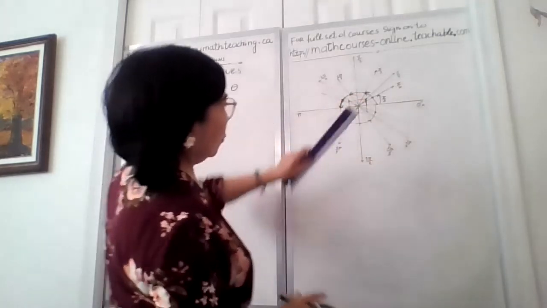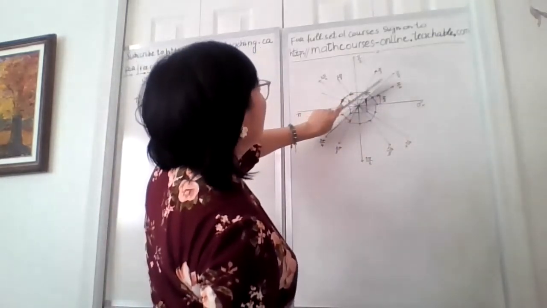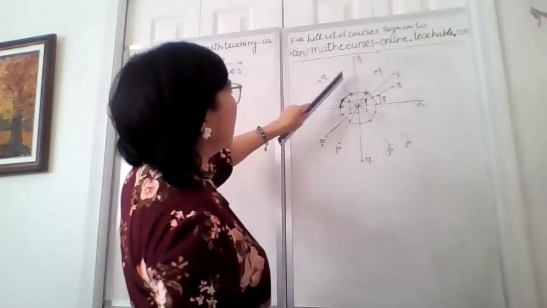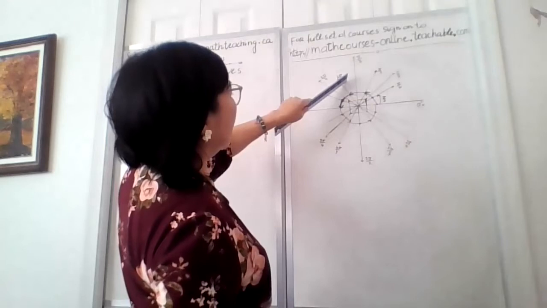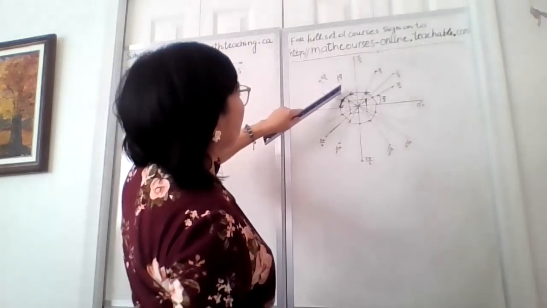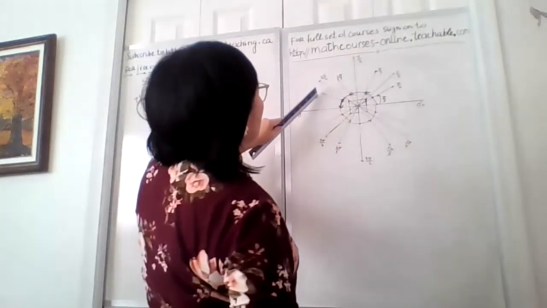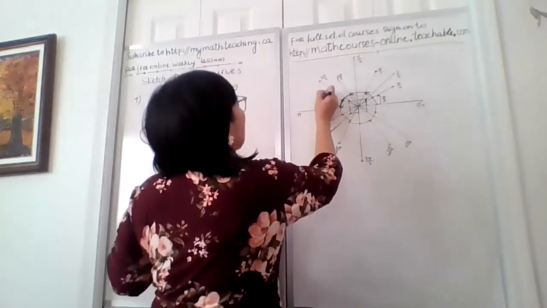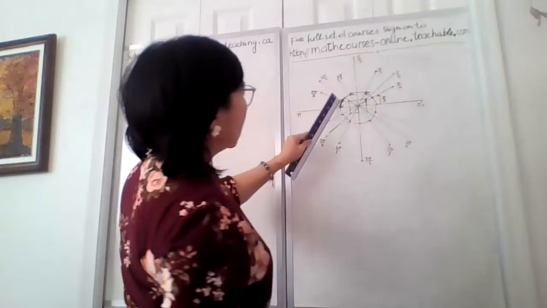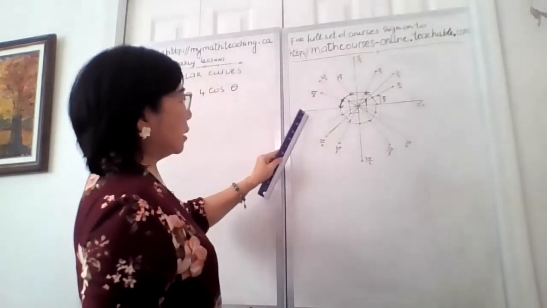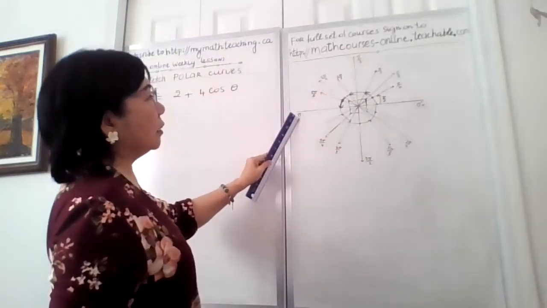So let's count. We have 1 pi over 6, 2 pi over 6, 3 pi over 6, 4 pi over 6, 5 pi over 6. So this angle here is 5 pi over 6. And of course, down here is 6 pi over 6, and therefore it becomes pi, right?